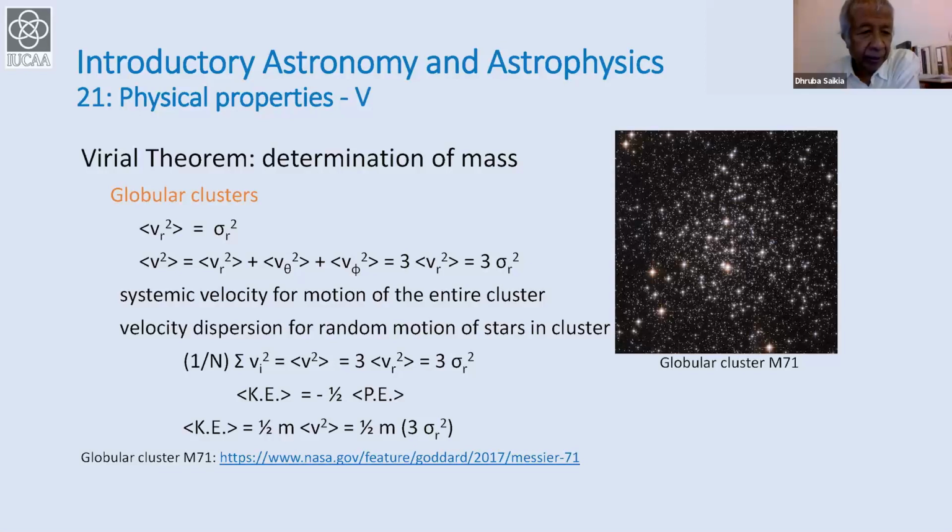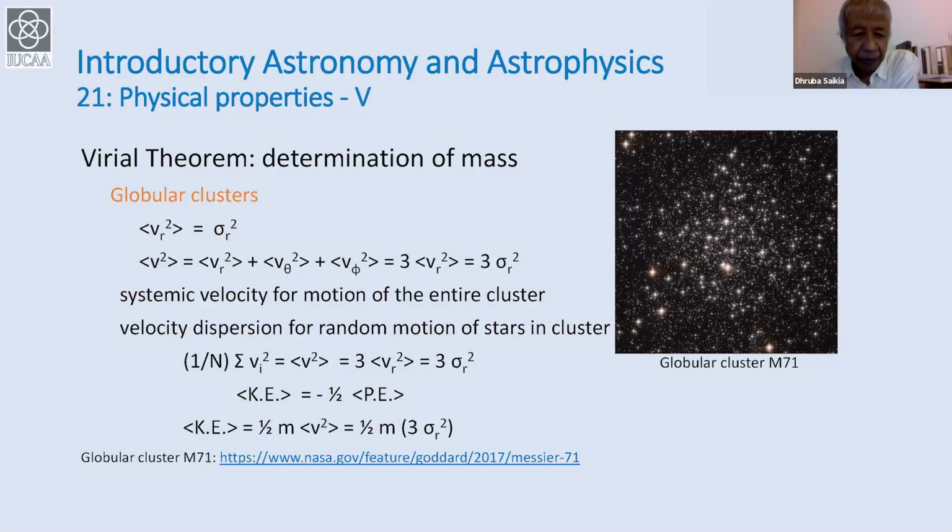So we rely on the radial velocity measurements, but radial velocity gives you only one component of the velocity. If you look at the velocities of the stars in three dimensions, here in spherical polar coordinates, it will be v_r, v theta, v phi. But v squared would be 3 times the statistical average of the radial component velocities of the stars, which is 3 times the velocity dispersion of the stars in the cluster.